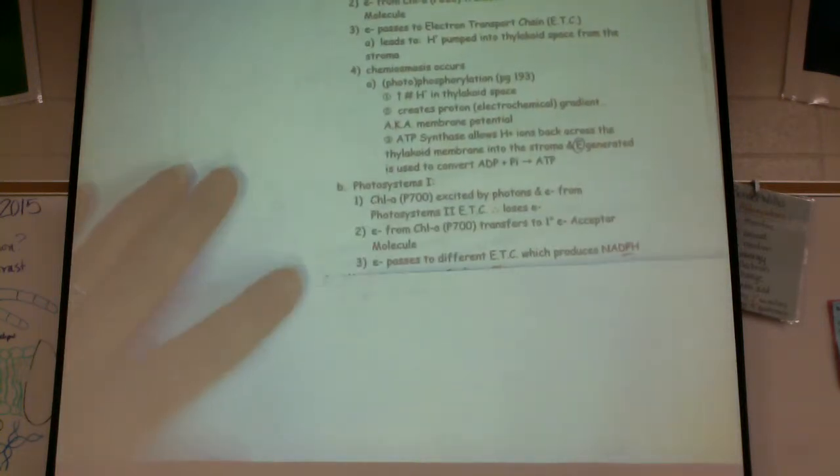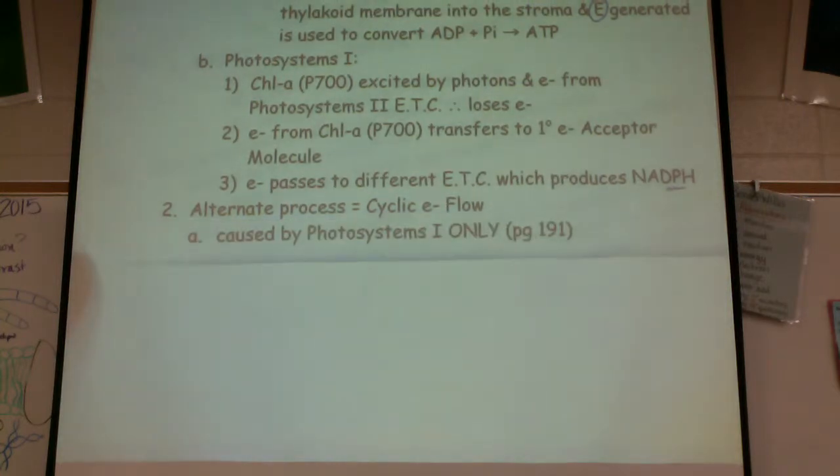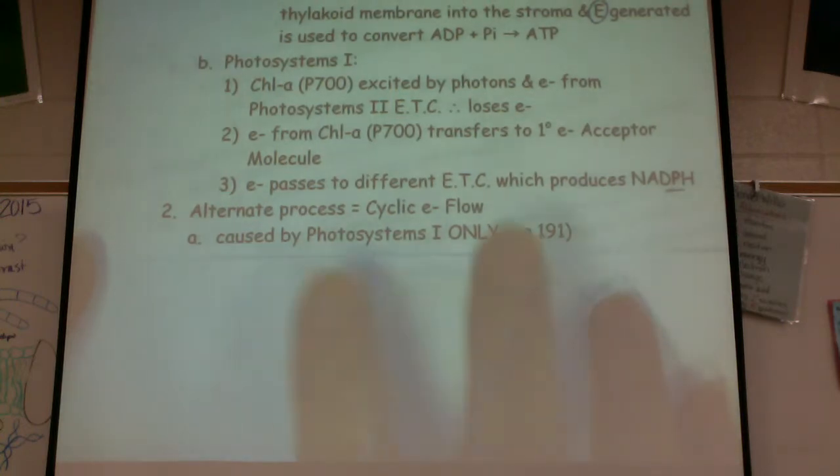Now, photosystem 1, though, can do something a little funky. It can do what's called cyclic electron flow. In other words, photosystem 1 runs all by itself. It self-stimulates, okay?